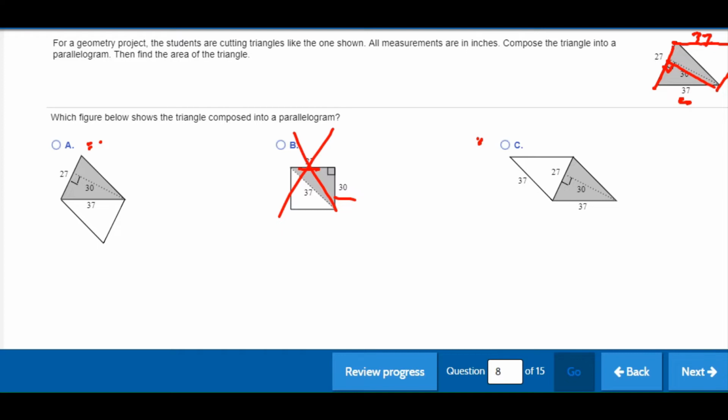If you look here, we have 37 right here and 37 right here. This 37 should actually be right here and not down here. So I'm going to eliminate this one. If you look at this one, 37 is matched up with 37. So that tells me the one that I need to pick.